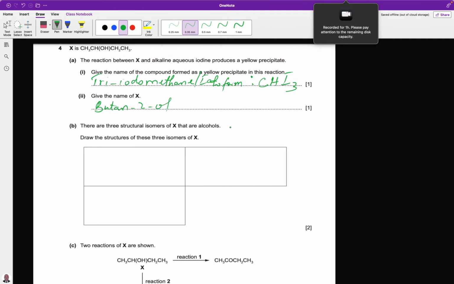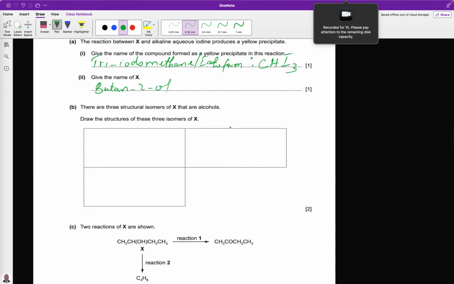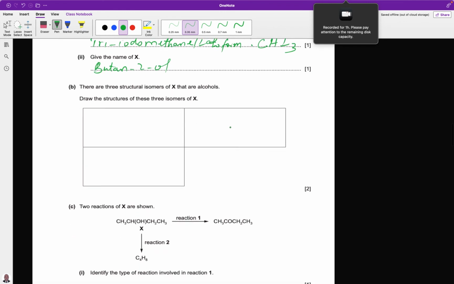Now it takes us to the B part of it. The B part says there are 3 structural isomers of X that are alcohols. Draw the structures of these 3 isomers of X. The first structure will give us different structures: primary alcohol, secondary alcohol, and tertiary alcohol.